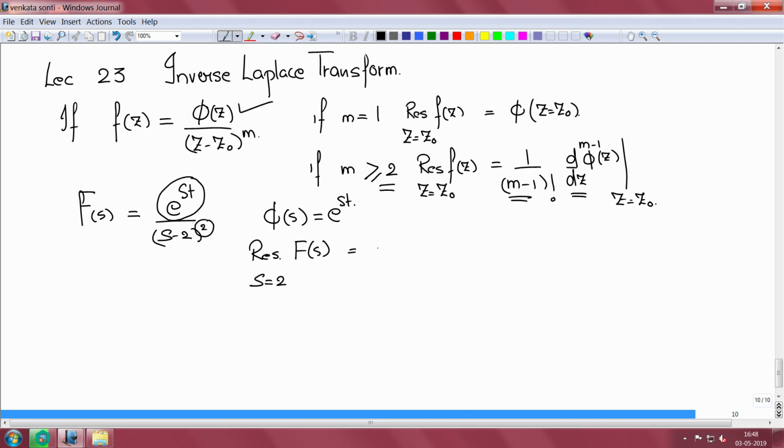So, that is equal to d by ds once of e to the power st evaluated at s equal to 2. So, that gives me t e to the power 2t.